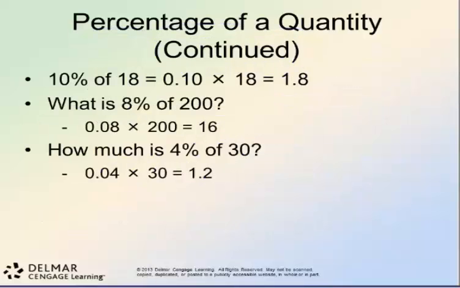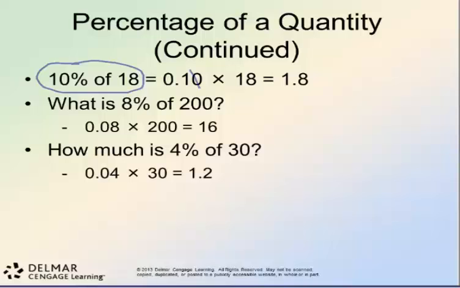A few more examples. It says 10% of 18. In other words, what is 10% of 18? So sometimes you might need to rephrase it. If it just says 10% of 18, you might want to write it as a sentence. What is 10% of 18? So 10% as a decimal is 0.1.